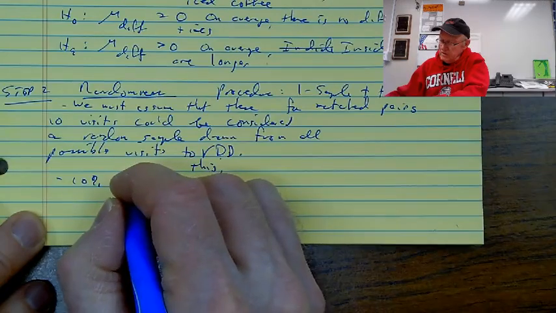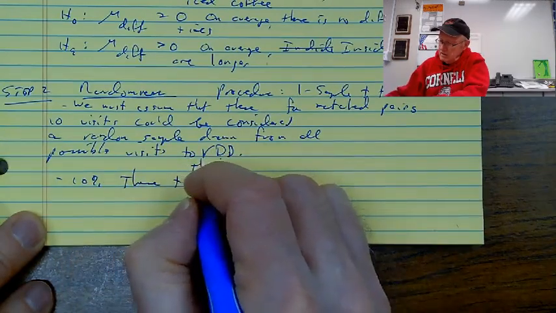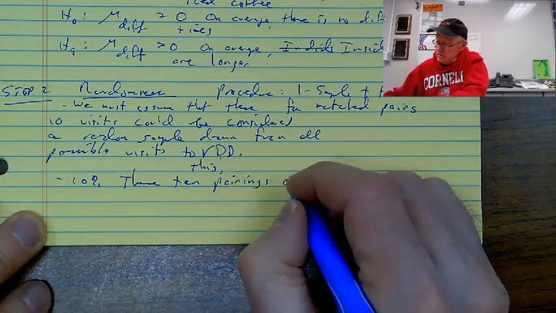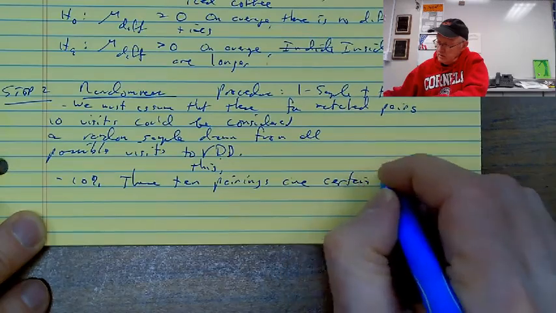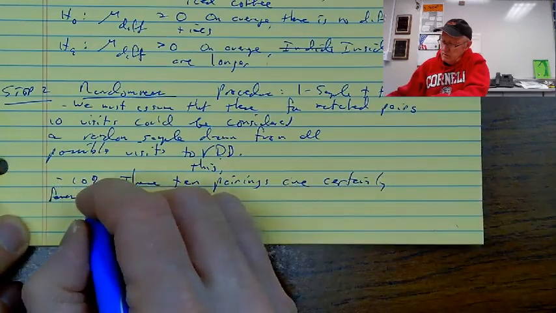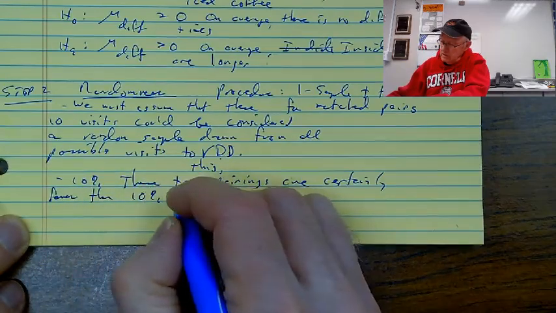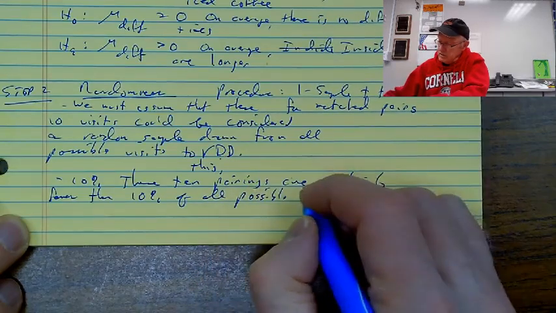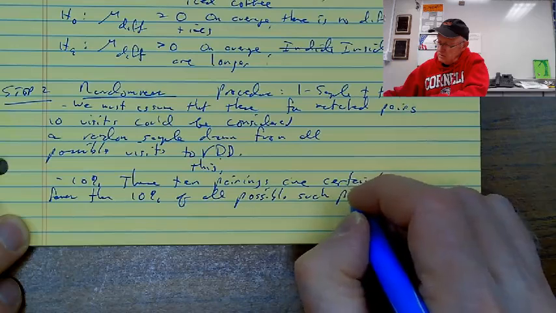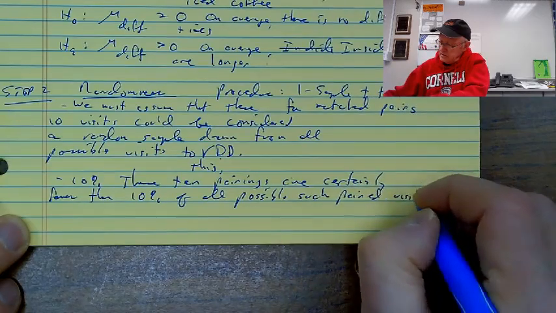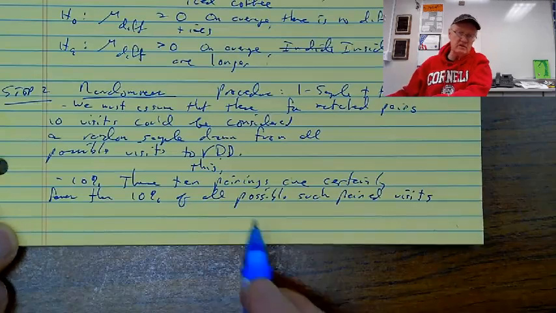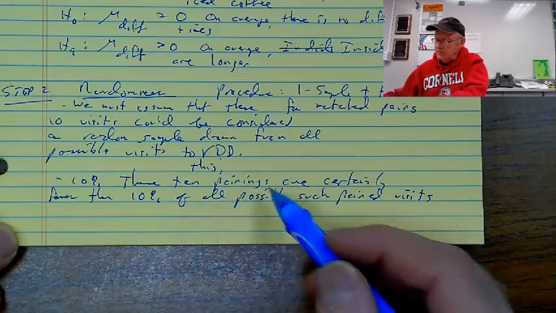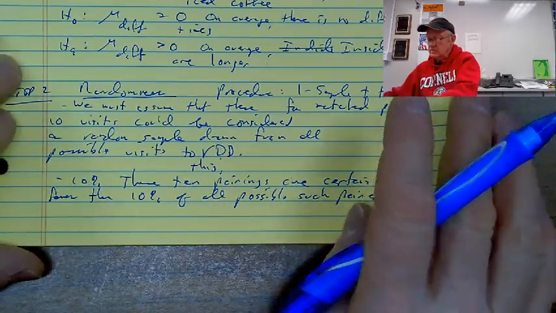These 10 pairings are certainly fewer than 10% of all possible such paired visits. And I like to slip in a little bit of context when I'm writing my conditions, because the graders are always looking for context everywhere you look. And if you have to make claims like this, it's good to butter them up a little bit with context. Okay, what else do we have?